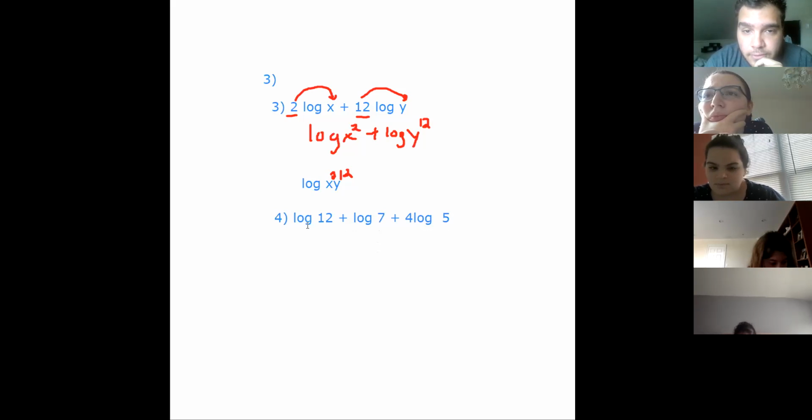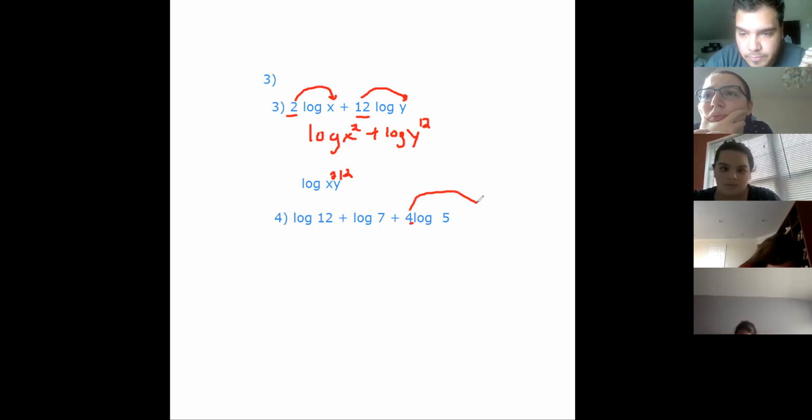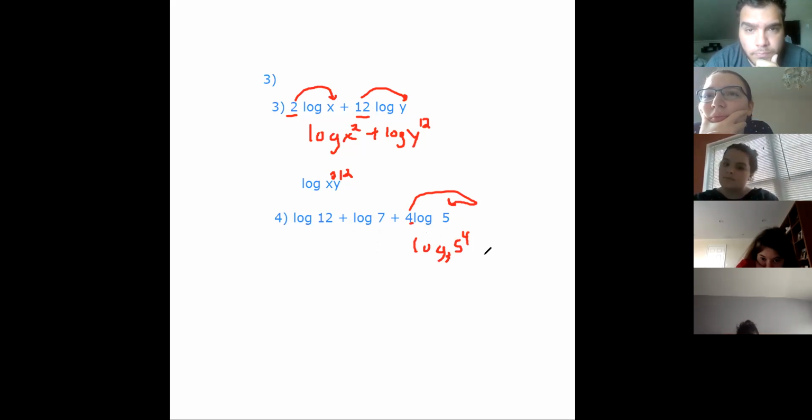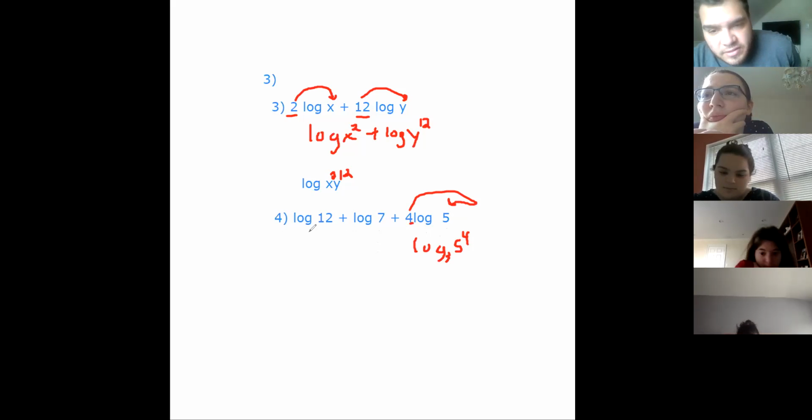All right, so the first step is always to move the exponents up. So that's going to be log base 3 of 5 to the 4th power. And then these are just normal so far. So now we can multiply it out.